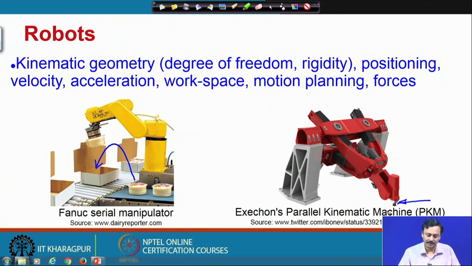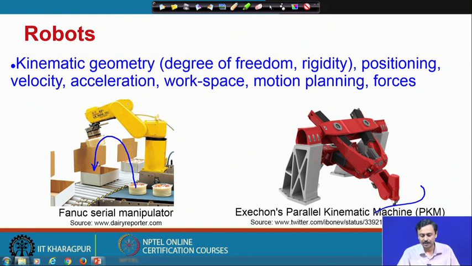Then the motion planning. Suppose you have to move this tool on a path like this, or this package like this. How should you plan the motion of various actuators that control this robot?